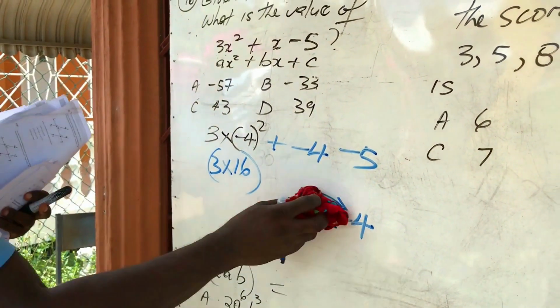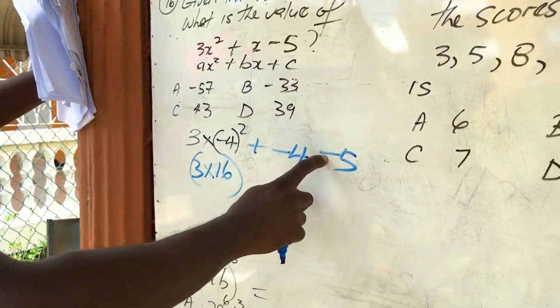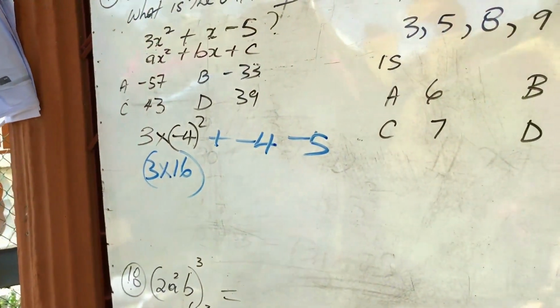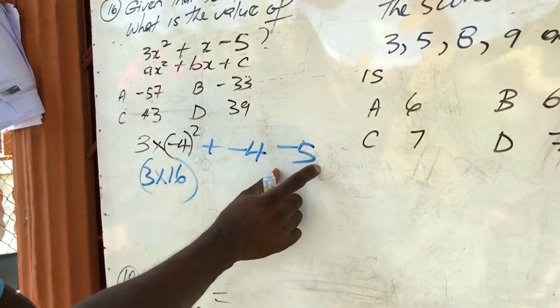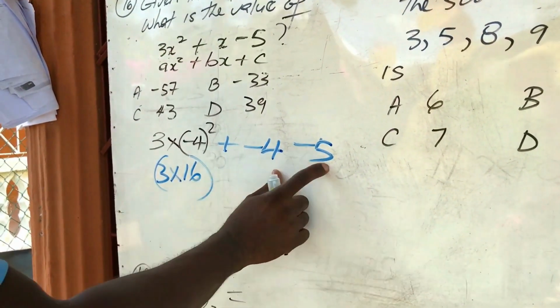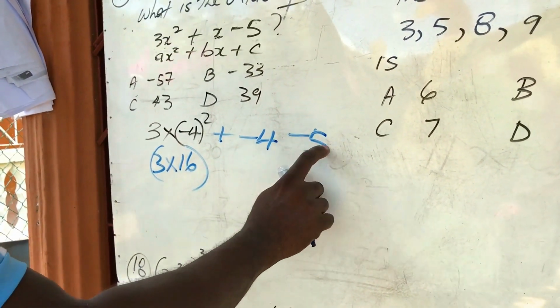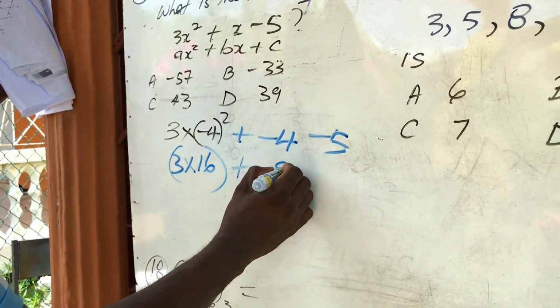So it's 3 times +16 being added to -4 followed by -5. Now what this is saying is that -4 and -5, these two numbers clearly are to the left of 0 on the number line. You can look at it as 4 and 5 more, in all is 9. So it's plus negative 9.